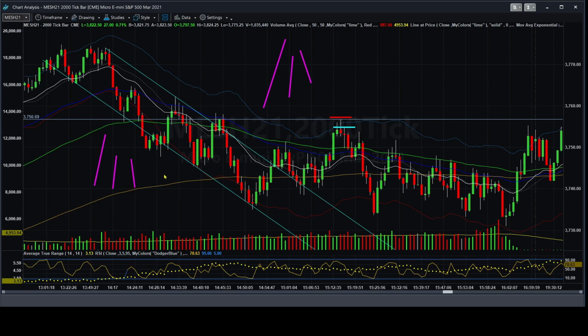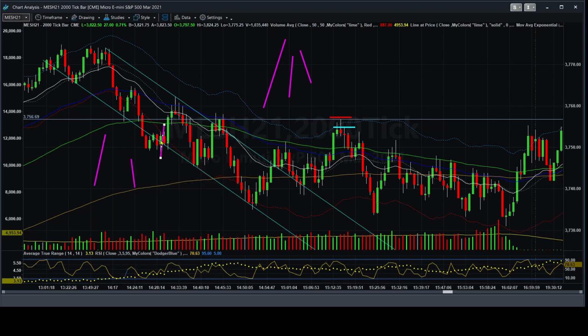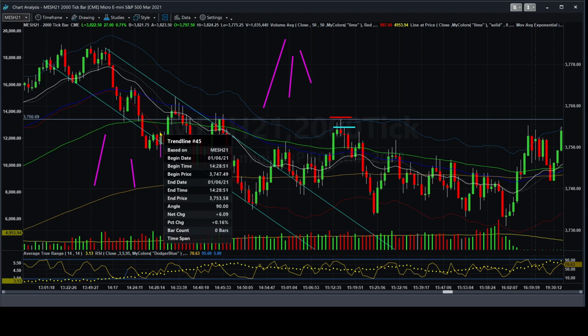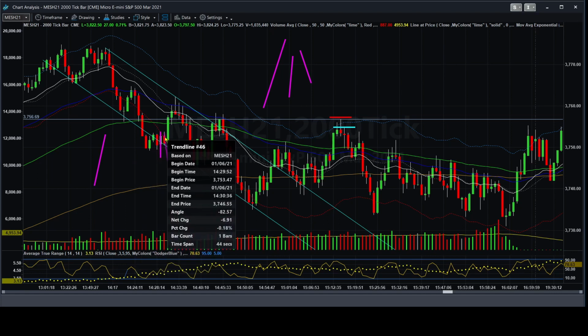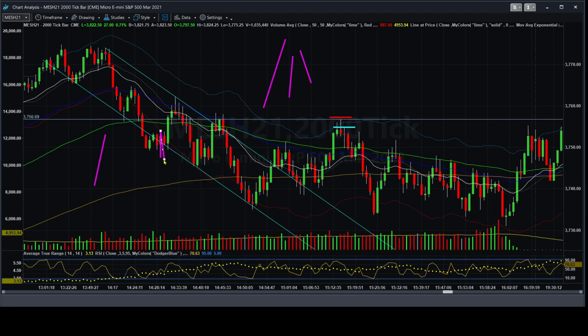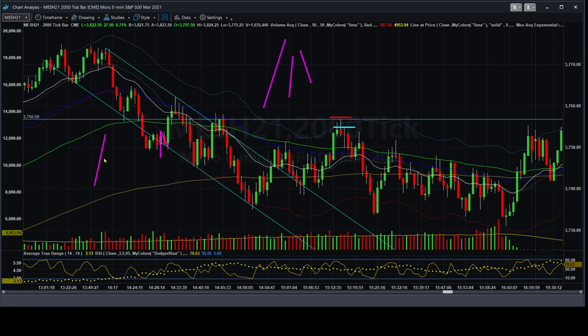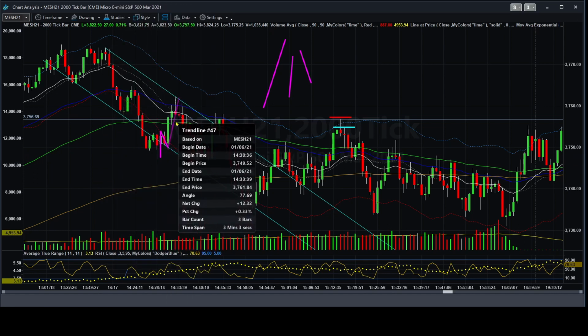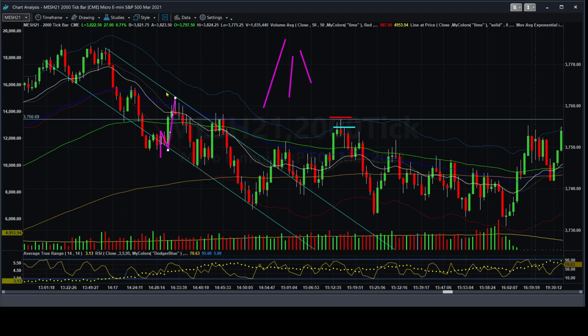And actually, here we have another one here. Let me show you. Now that we're here at this point, I didn't mark it because at the beginning I wanted to show the trend channel, but this is a two-leg pullback, not to the channel.